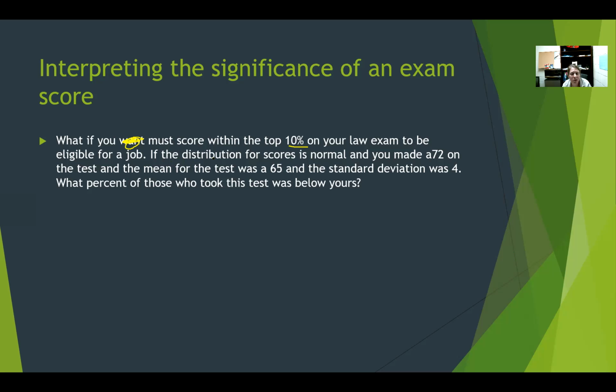If the distribution for scores is normal and you made a 72 on the test, so that's your data value, and the mean for the test is 65 and the standard deviation is 4, what percent of those who took this test was below yours? So you want to score the top 10%, and then below yours would be 90% is below yours.